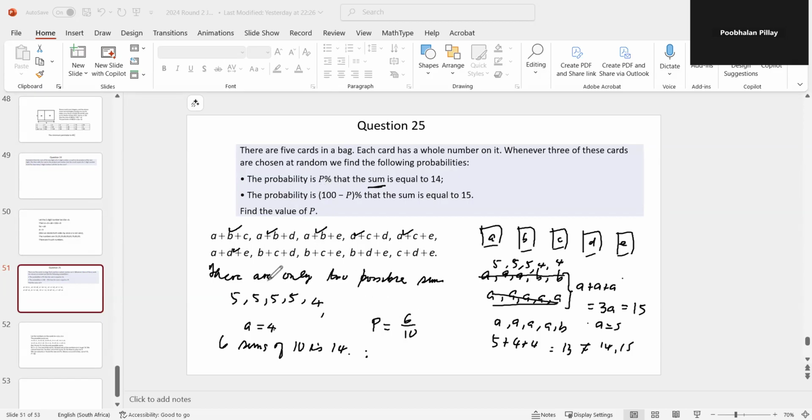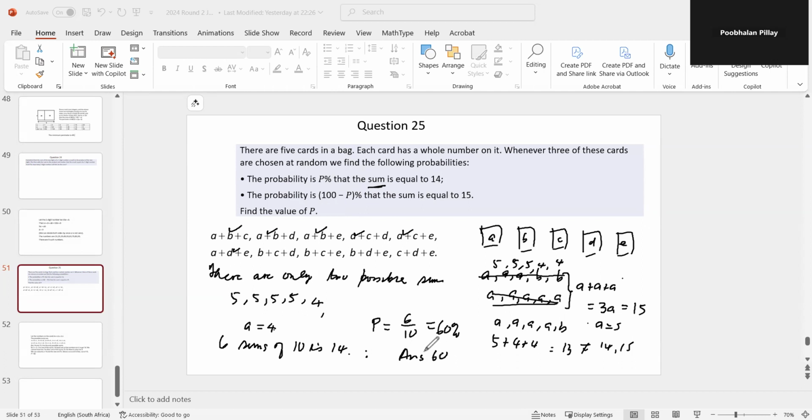Because in this case where A is 5 and B is 4, that is what we have concluded. There are 6 situations where the sum is 14. So the P% is 60. The question asks to calculate the value of P. The answer is 60.